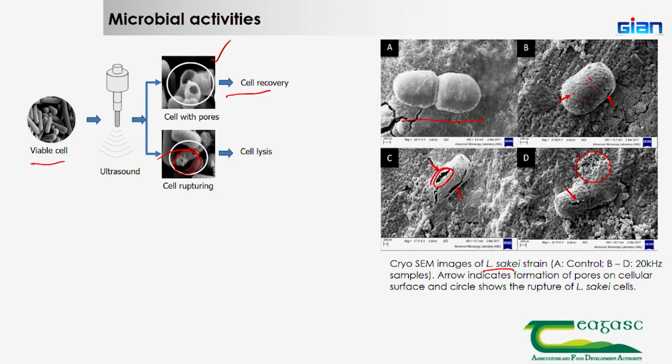Then you extend the energy, and you get leakage of cellular content. It's something like acupuncture. You make holes in it so the substrate can go faster into it and the end product can come out of the cell. So the reaction will be faster. So ultrasonic, especially a bath system, can be used for improving fermentation rates.